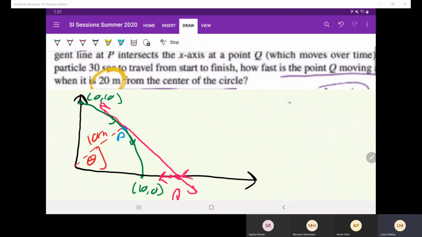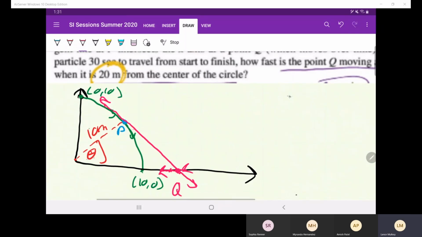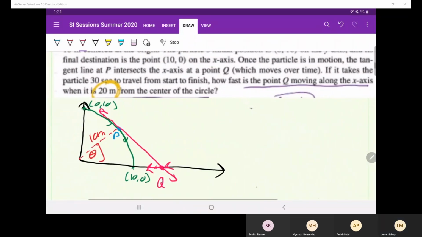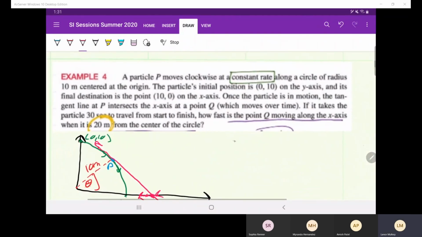All right, so theta is changing. It takes 30 seconds to travel from start to finish. So for this whole thing, it takes 30 seconds.